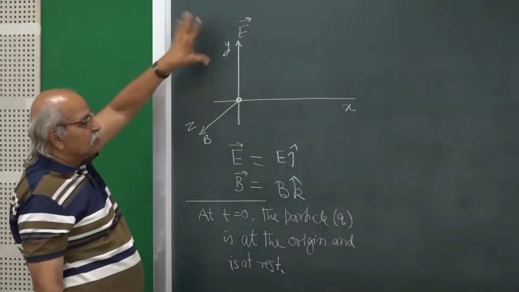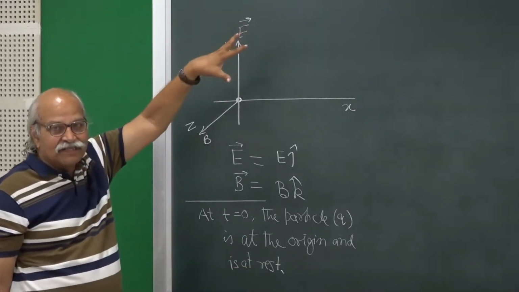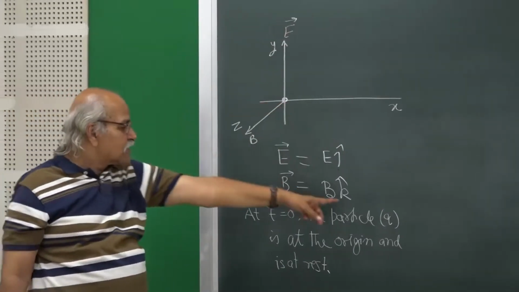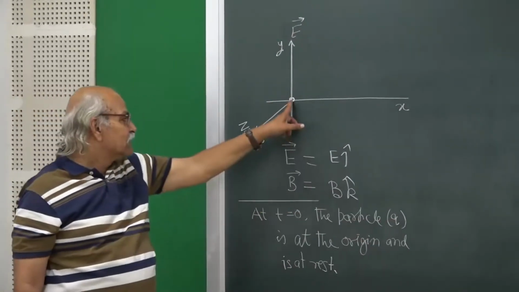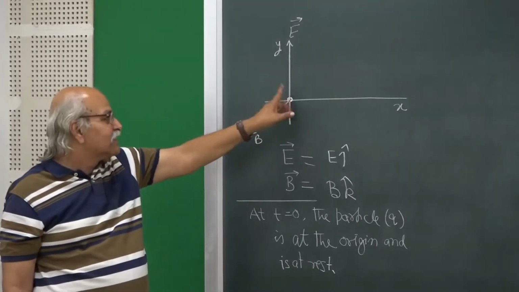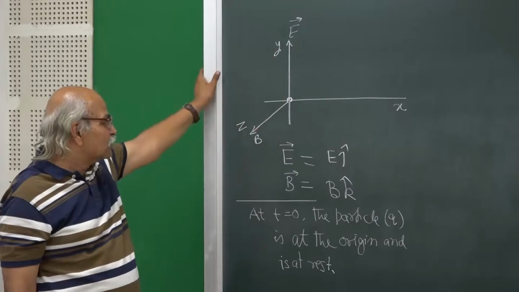And then onwards the fields will take over, right. So, at t equal to 0, the charged particle which has charge q is here, and at this instant it is at rest, and then see what these fields do.